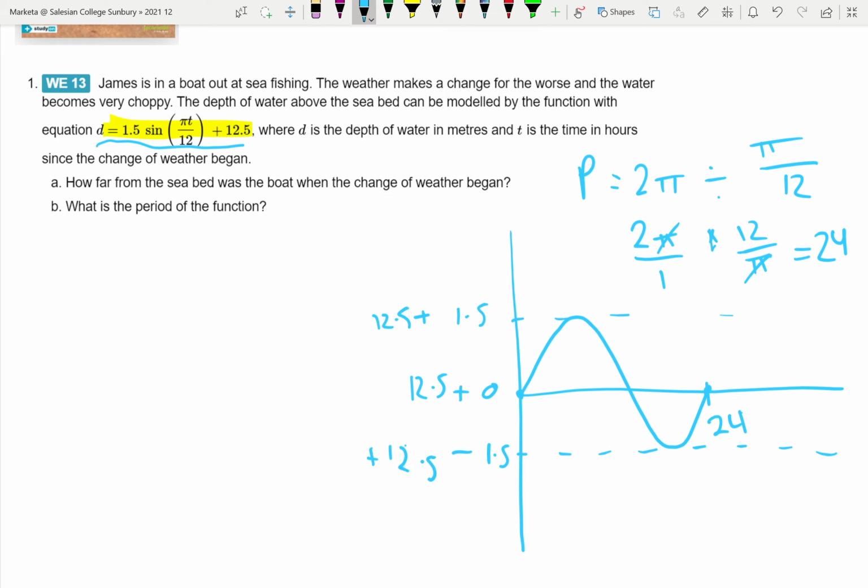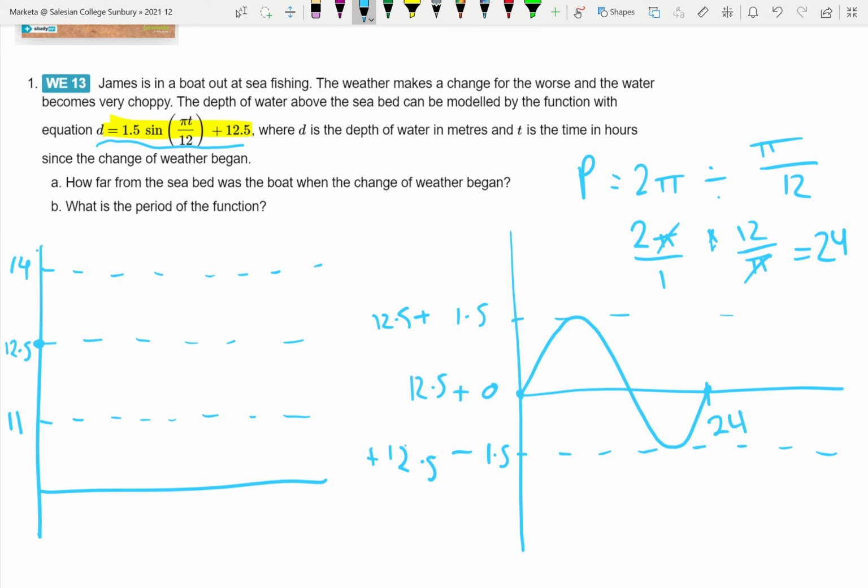Negative 1.5 plus 12.5 takes us to 11, so actually we are above the x-axis there. Then 0 plus 12.5 is 12.5, and 1.5 plus 12.5 is going to give us 14. This would be our depth, and this would be our time.